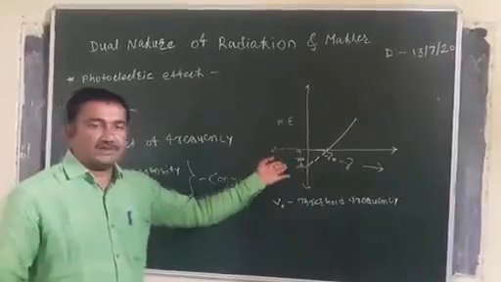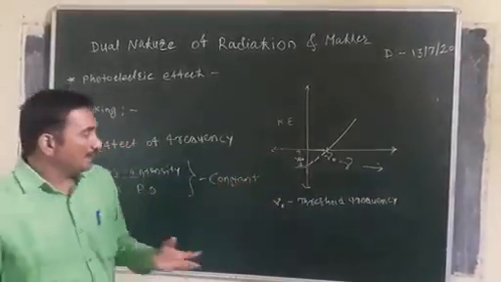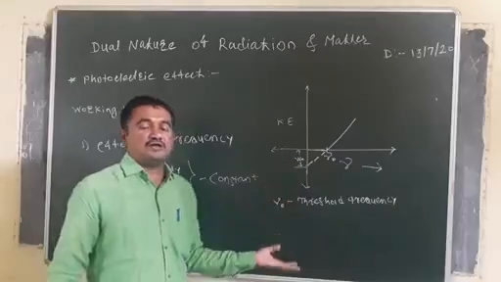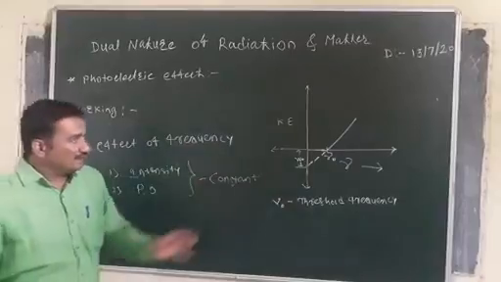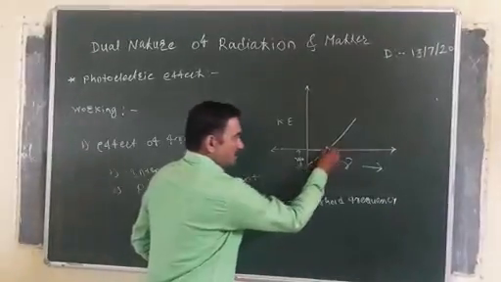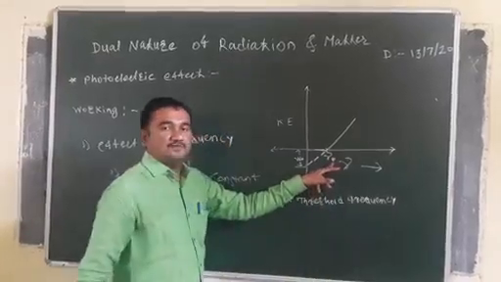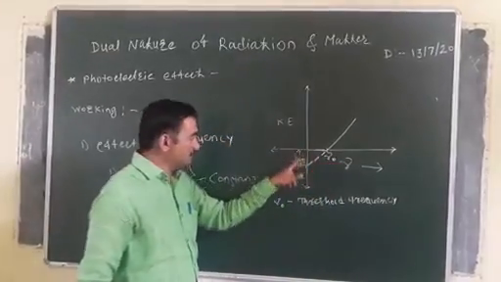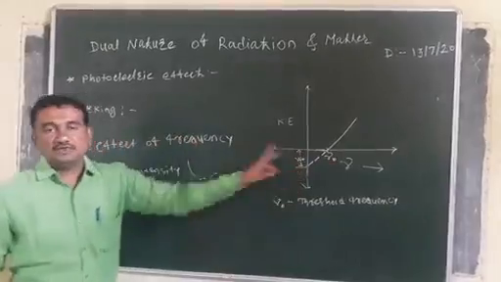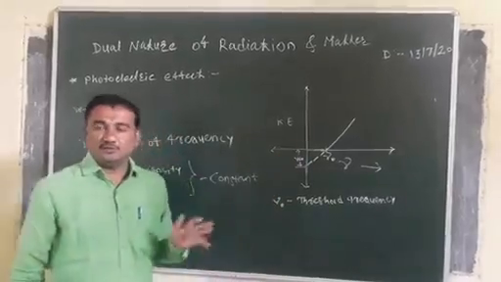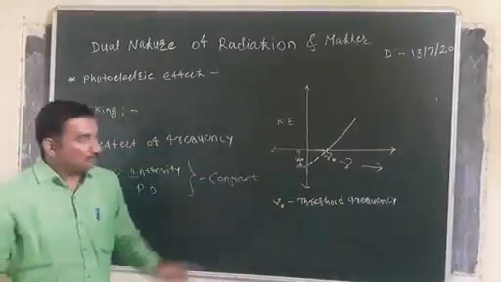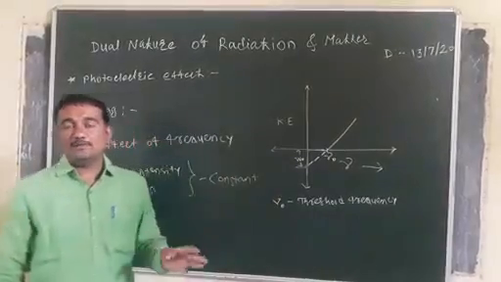And work function is the minimum amount of energy required to release electrons from the metal surface. In this graph, the intercept on the x-axis gives the value of threshold frequency, the intercept on the y-axis gives the value of work function, and the slope of this graph gives the value of Planck's constant.